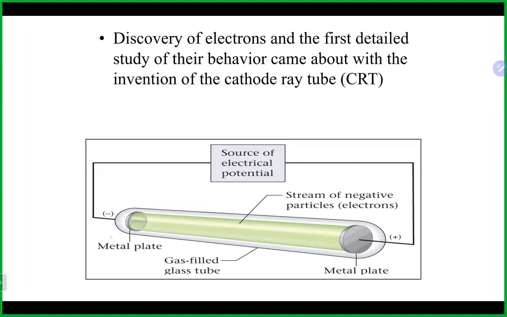It has a negatively charged plate on one side and a positively charged plate. And it has beams of particles, which are negatively charged. This beam of negatively charged particles will move away from the negative plate, obviously, and head towards the positive plate. A lot of times they could put some type of material up here that will fluoresce when the beam hits it so you can actually see it.